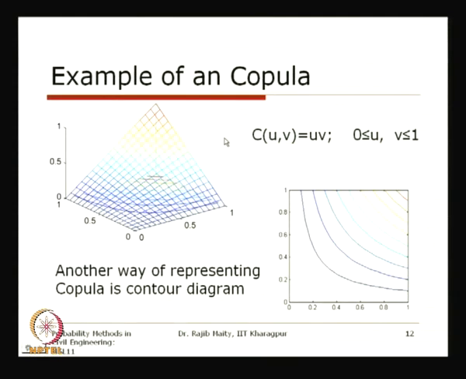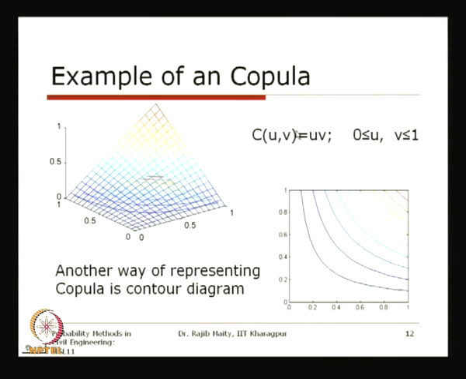So, at 1 and 0.5, if one argument is reaching 1 and the other is 0.5, the value of the function is 0.5. This is just one example, and it is true for the entire straight line, which can also be cross-checked from here: if we put one value equal to 1, the value of the function is equal to the value of the other argument. So, this is also satisfied.